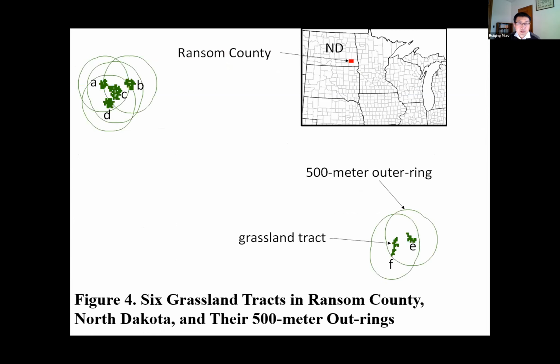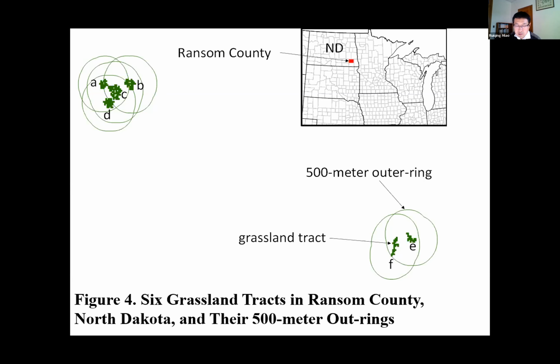This is a map showing six actual land tracts in Ransom County in North Dakota. In the previous example, we just had 4 hypothetical grassland tracts. So we want to see if we can apply our approach to some real-world grassland tracts.